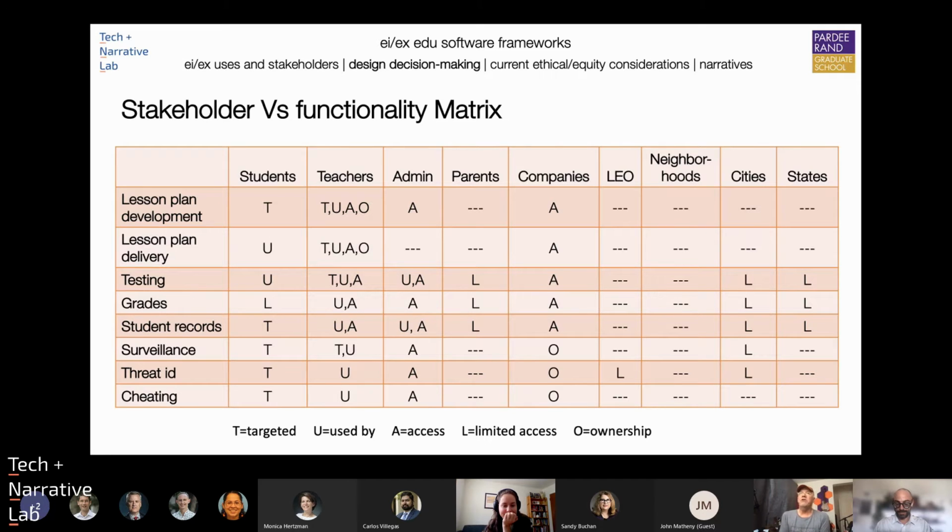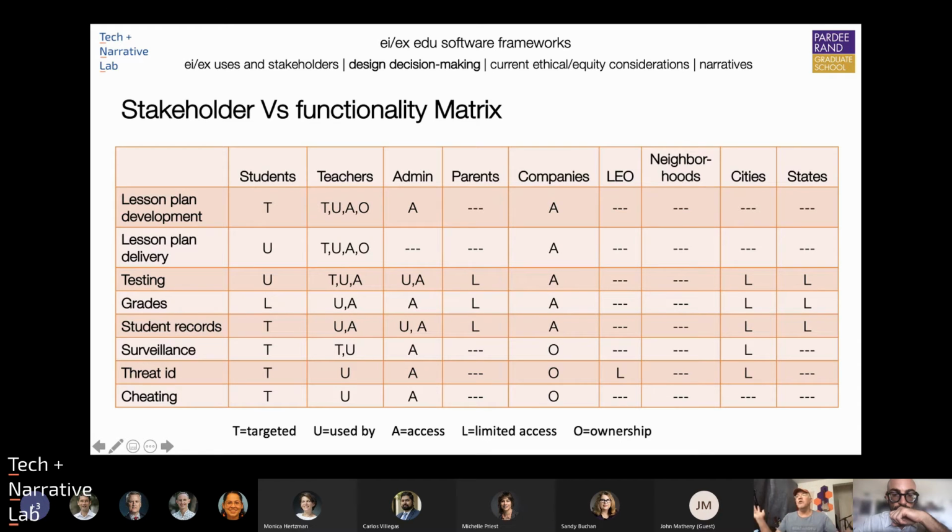So can we build a matrix out of our stakeholders and the capabilities that these softwares provide? The key at the bottom is that a student's relationship to a capability will be different than a teacher's relationship, which will be different than a parent's relationship, which will be different from law enforcement's relationship.